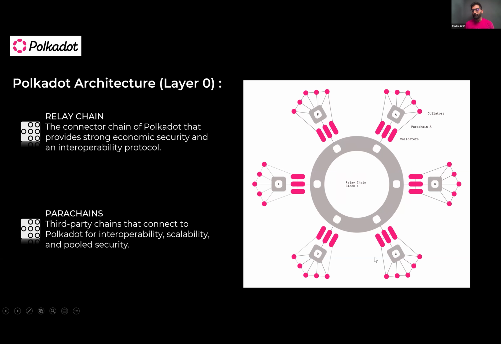So that's where it gets that name. So a relay chain, this is Polkadot, and then these could be chains like Ethereum or Bitcoin or any other layer 1 blockchain solutions that you hear. So they could actually be parachains on Polkadot. And Polkadot facilitates communication between them and offers them security.